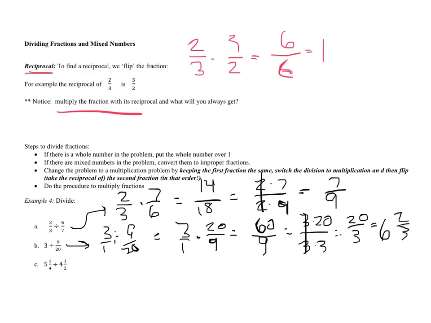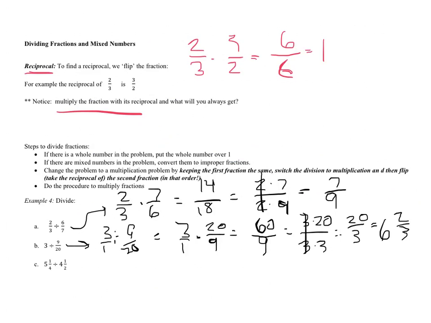Now we're going to look at this last example, where we're going to have quite a few more steps because our numbers are given as mixed numbers. Our first step here will be to take these two mixed numbers, 5 and 1/4, 4 and 1/2, and write them as improper fractions. And we have to do this first before rewriting the division as multiplication.